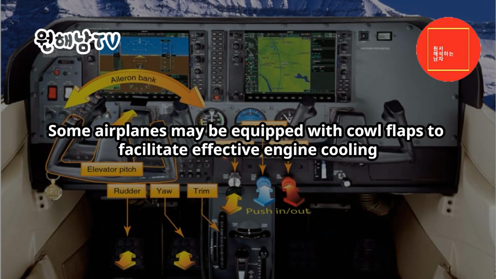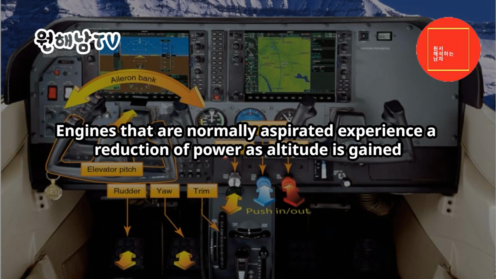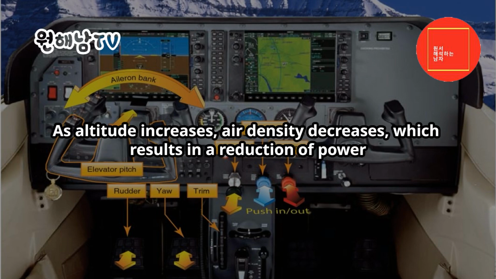Some airplanes may be equipped with cowl flaps to facilitate effective engine cooling. The position of the cowl flaps should be set to ensure cylinder head temperatures remain within the manufacturer's specifications. Engines that are normally aspirated experience a reduction of power as altitude is gained. As altitude increases, air density decreases, which results in a reduction of power.